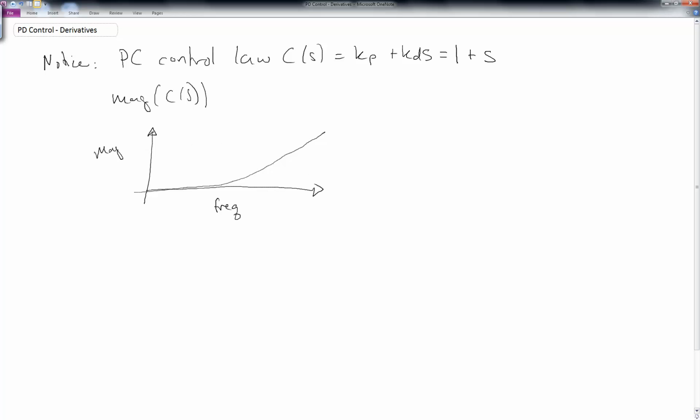So at higher frequency, we get a lot of amplification of the signal, whereas at lower frequencies, we get roughly no amplification. This is in dB. What that means is that any signal with high frequency content gets amplified.